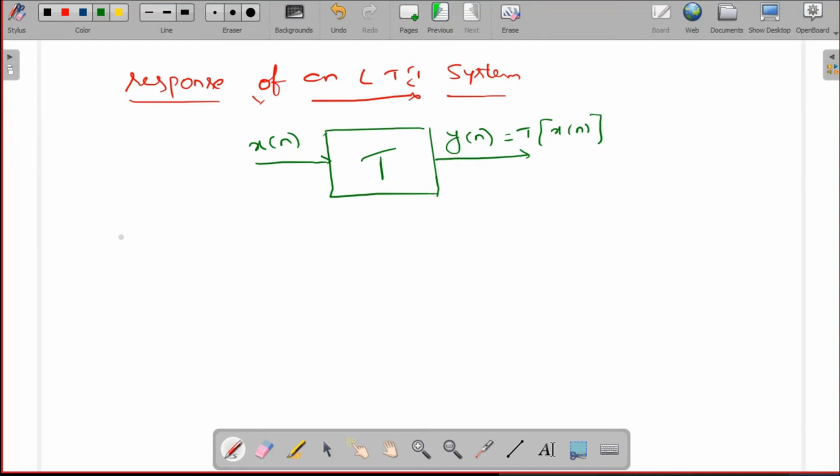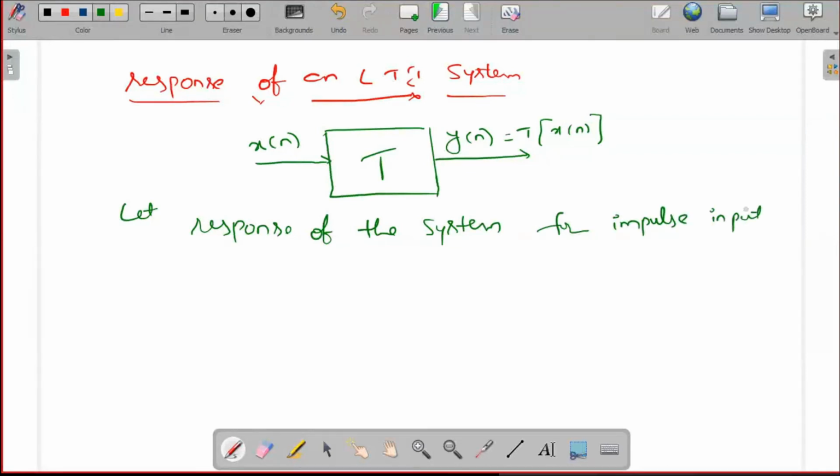Okay, here we are considering one assumption: the response of the system for impulse input, which is T of del of n, is equal to h of n.